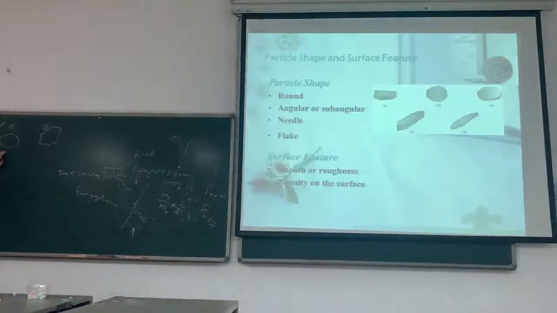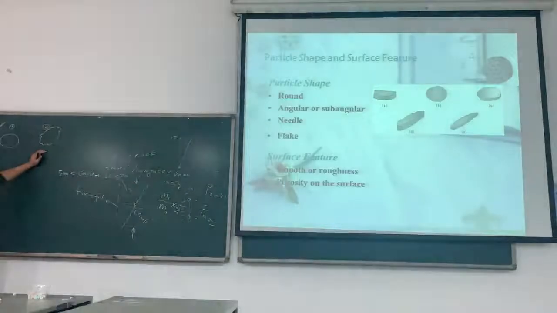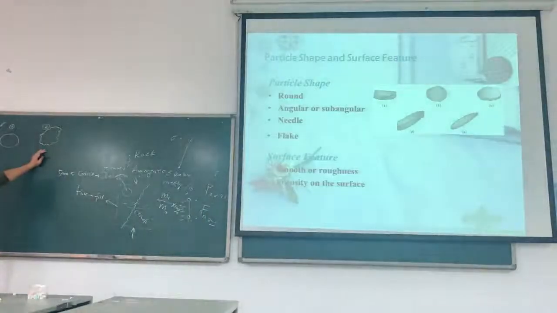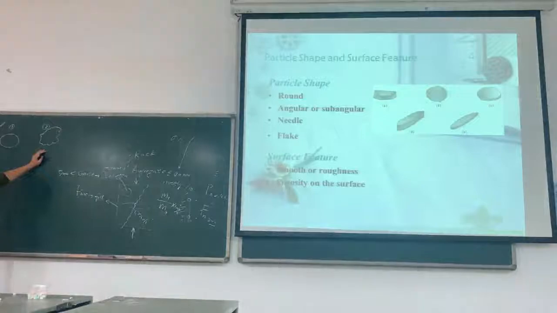And for this one, what kind of particle shape does it get? Round. Okay, round particle shape. What kind of surface texture? Smooth. The surface is smooth. Yeah, round and smooth. But for this one, it is angular and rough.